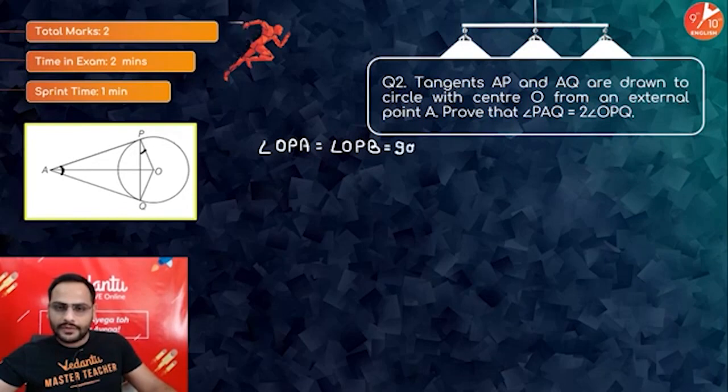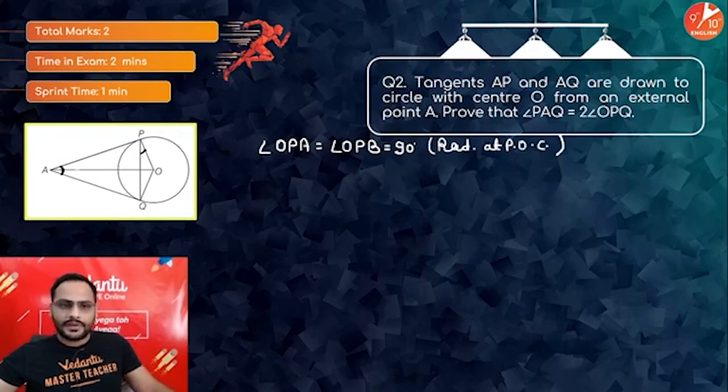Both will be equal to 90 degree as it is radius at point of contact. So it will be 90 degree. Angle OPA, it is OQB. Sorry, I have written the name wrong. OPA and here OQA I have to write. OQA, both are 90 degree.